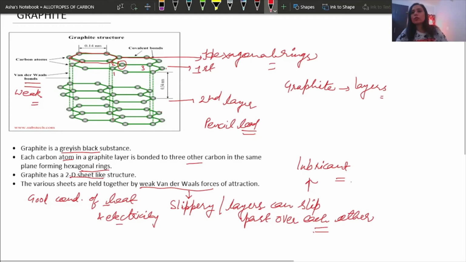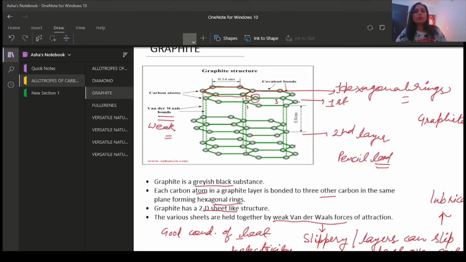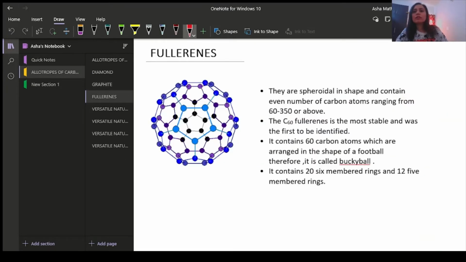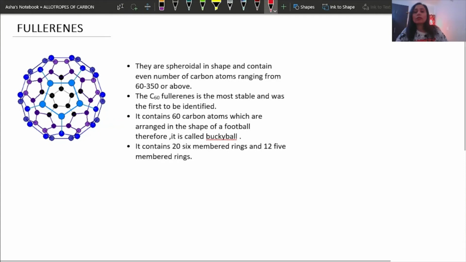Now let us go to the next allotropic form of carbon, which are fullerenes. Fullerenes are actually the recently identified allotropic form of carbon. They are in the form of a sphere. So they are spherical in shape, containing an even number of carbon atoms ranging from 60 to 350.